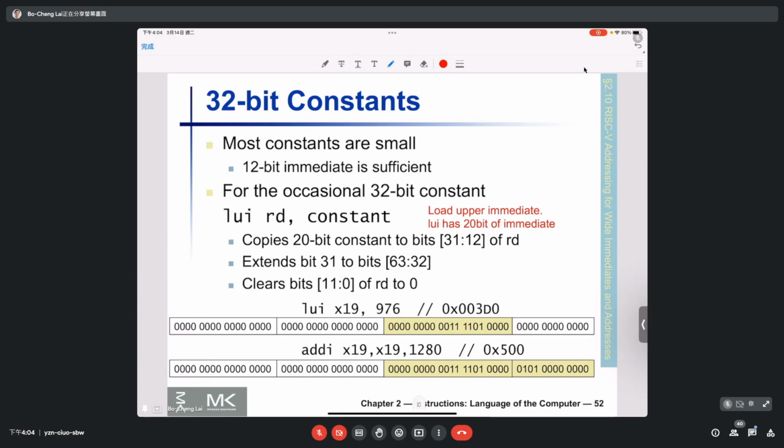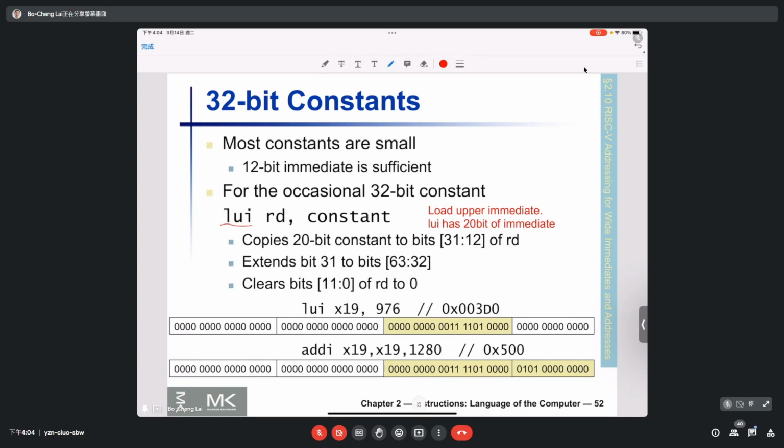The first one is called LUI, load upper immediate. It will load 20 bits of the constant and put it on the top of the 32 bits, bits 31 to 12. Then you do the second instruction to add it with the 12-bit immediate.